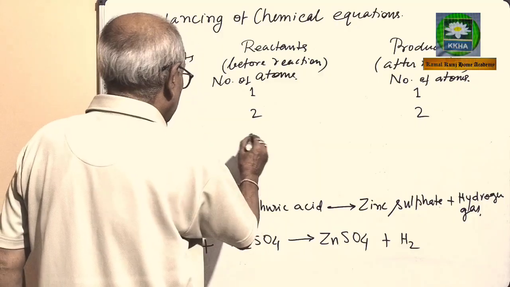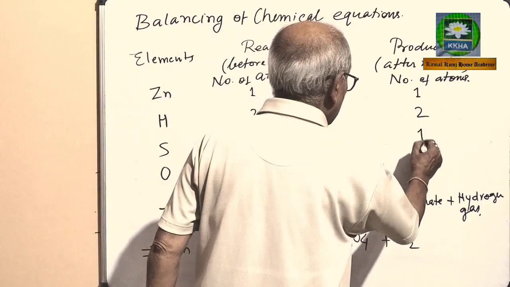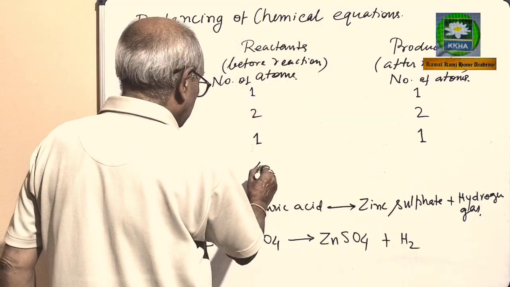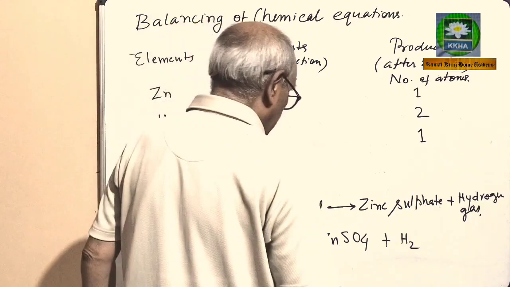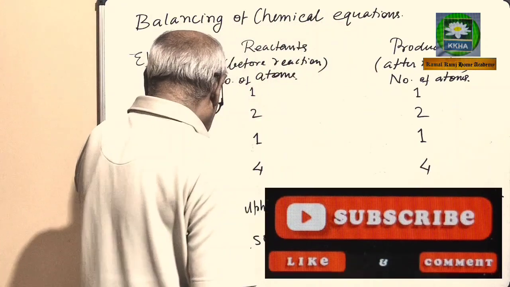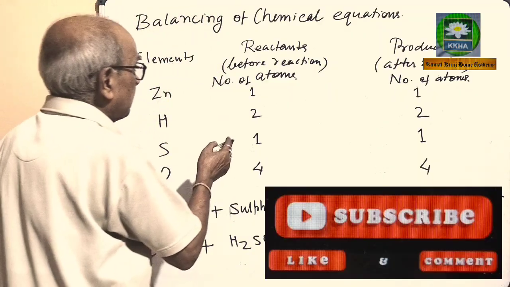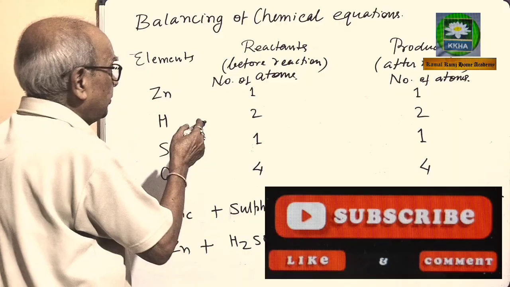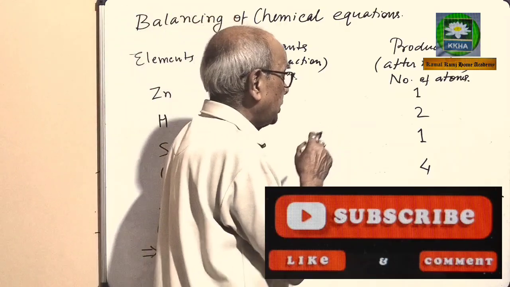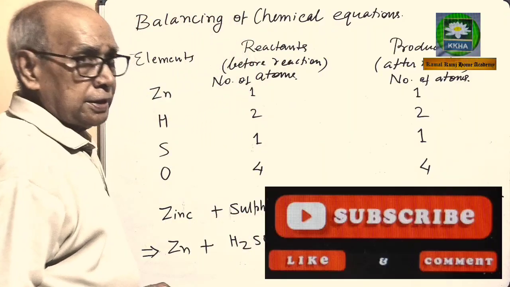Sulfur 1 atom in the reactant, also 1 atom in the product. Oxygen 4 atoms, and also here 4 atoms. We see that the number of atoms of each element before the reaction, that is in the reactants, and after the reaction, that is in the products, are equal. So this equation is a balanced equation.